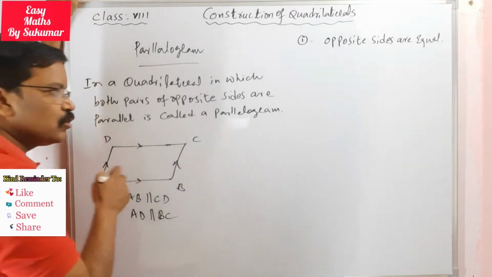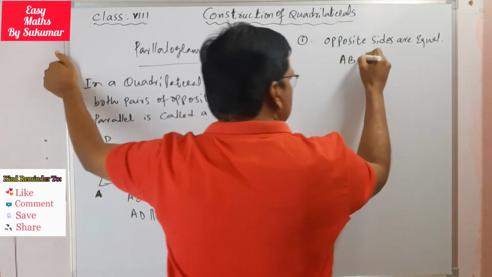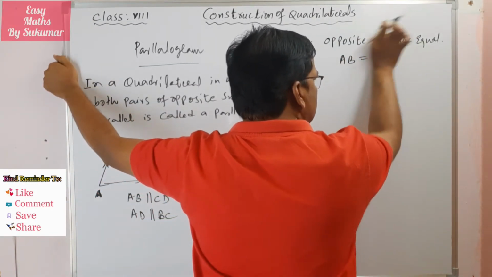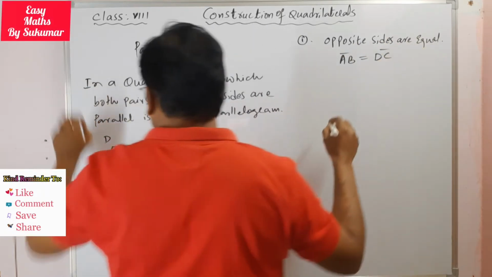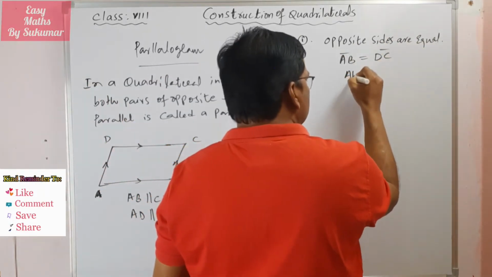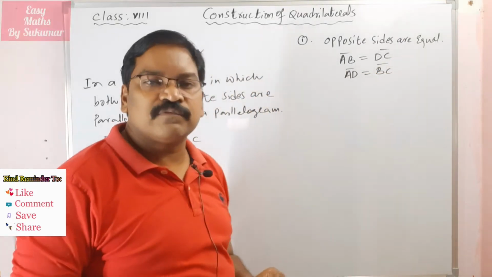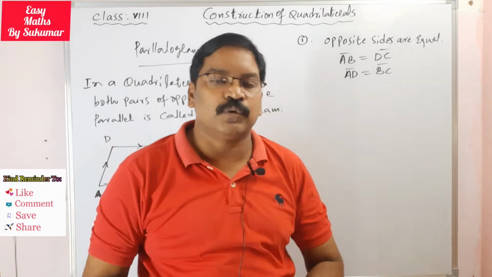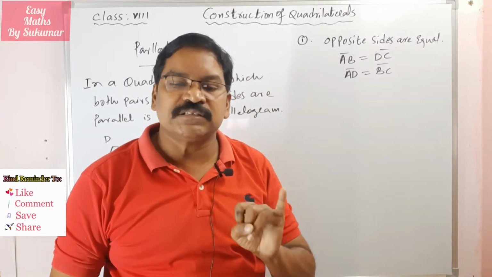In this parallelogram, AB and DC, the opposite sides, are equal, and AD and BC are also equal. These are opposite sides of this parallelogram. They are equal. The first property is opposite sides are equal.